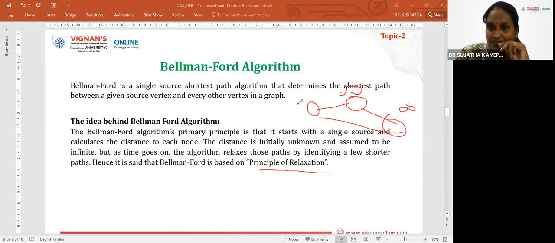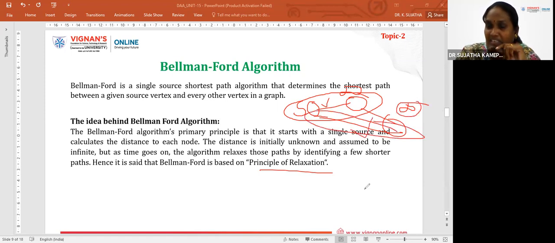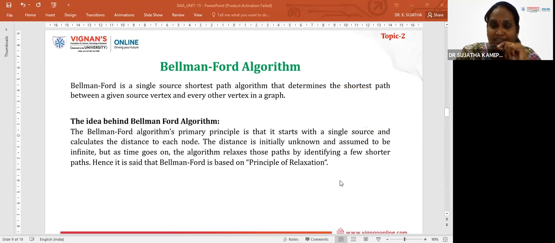These two are the destinations and this is the source. Later on, in the next iteration, it goes for finding the distance of this one by relaxing this path and by identifying a new path which gives less cost. Here also, it relaxes this path by identifying a new path which gives less cost. Like that, the Bellman-Ford algorithm works by identifying shorter paths, and that principle is called the principle of relaxation.